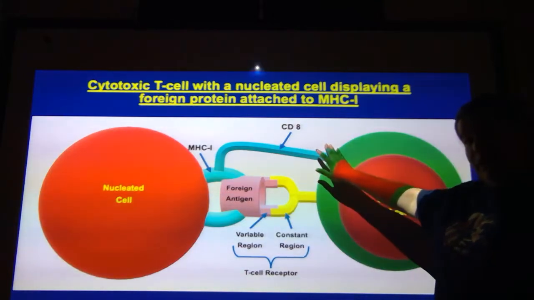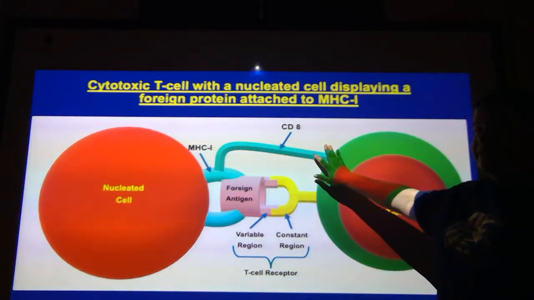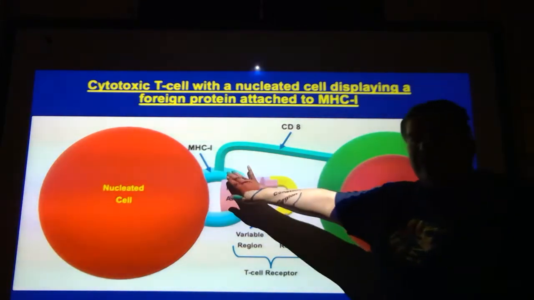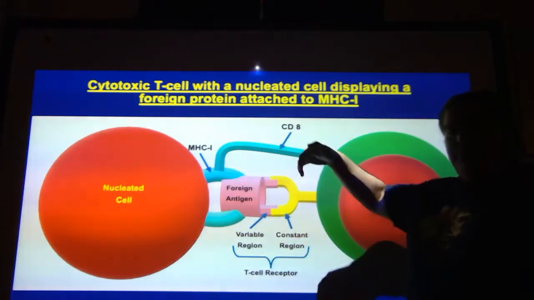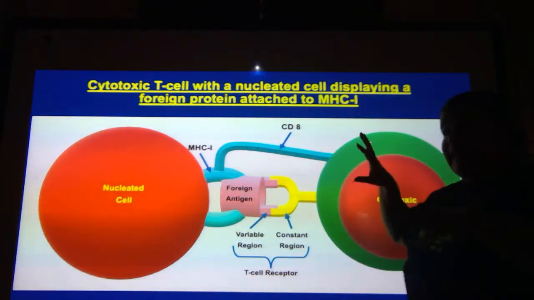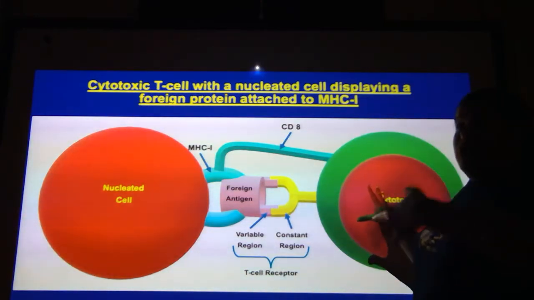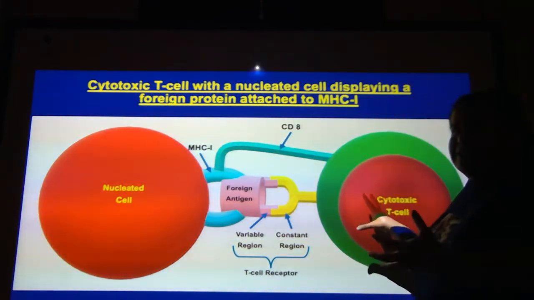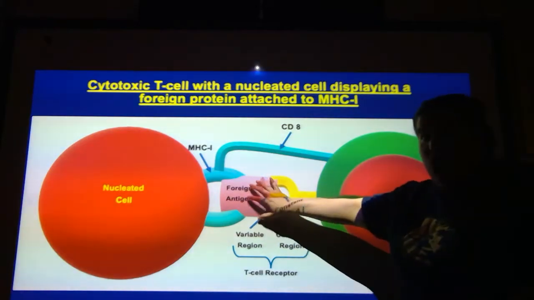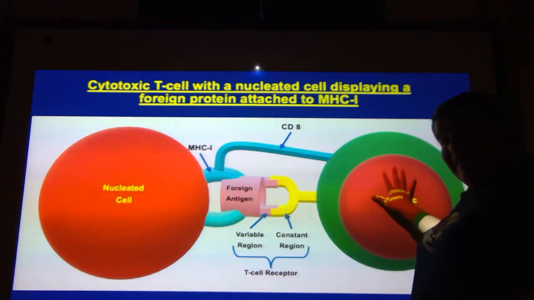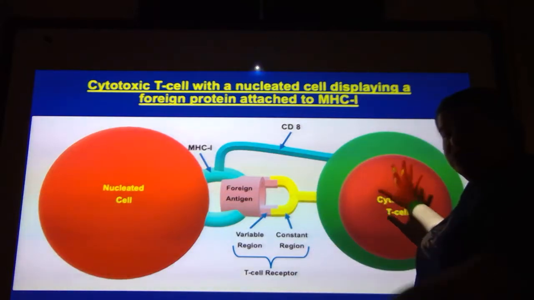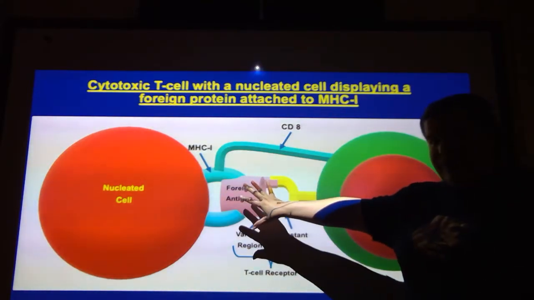My CD molecule, in this specific case CD8, binds to the MHC. Having that bracket bind allows my cytotoxic T cell enough time to go through the steps of recognizing, I know what this is, I need to get activated and start making copies so that I can go after all of these infected cells.